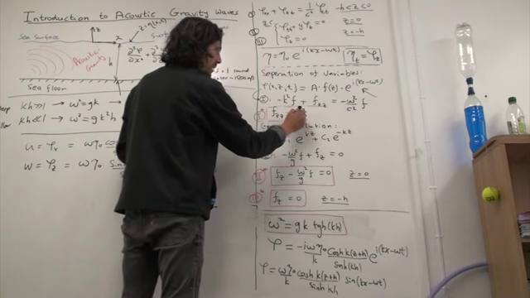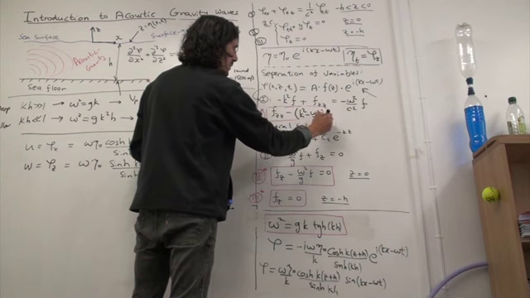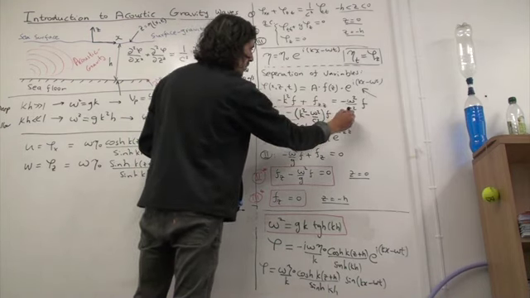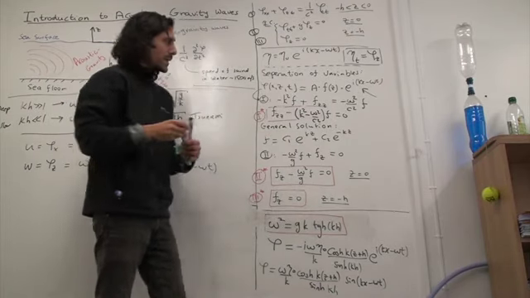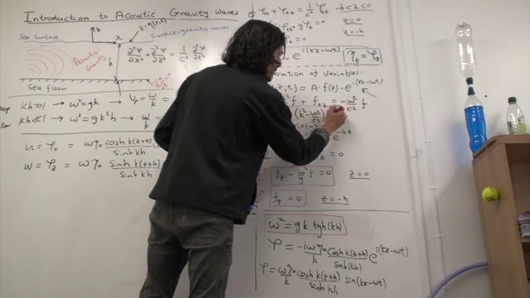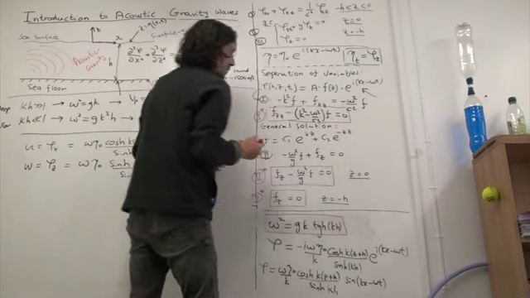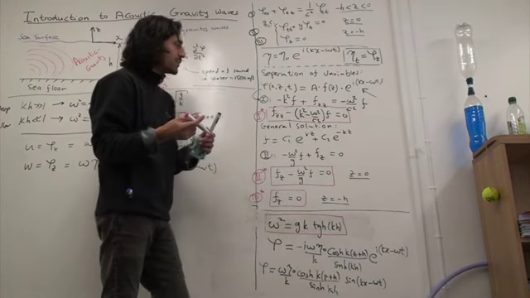So we still have the minus sign here, and minus omega squared over c squared. And here we're going to have f. And this all equals 0 now. Okay, so this is the new equation that we want to solve. But you see, this is not much different from what we had before.